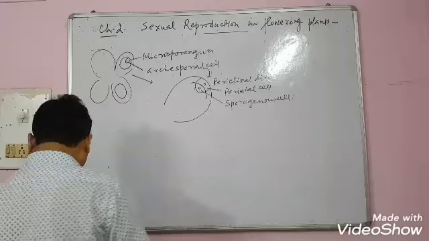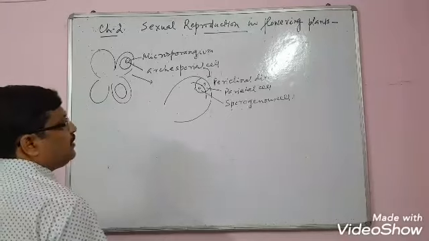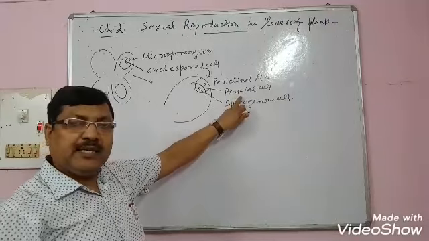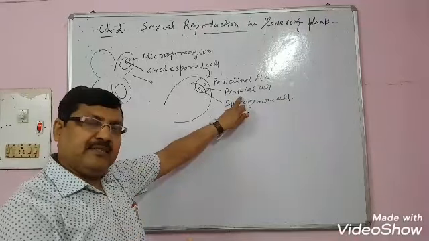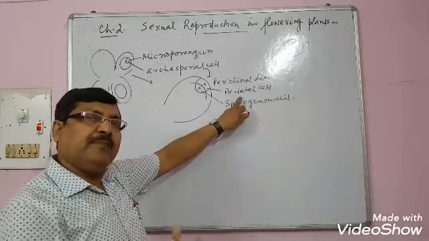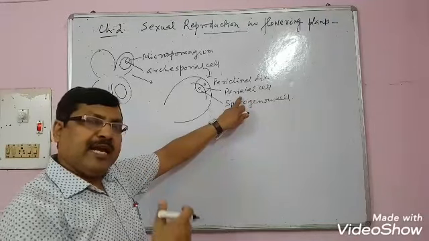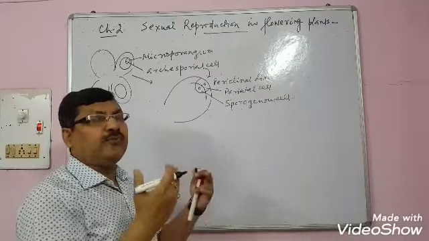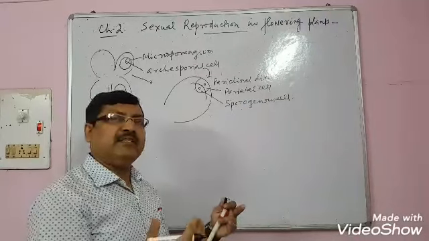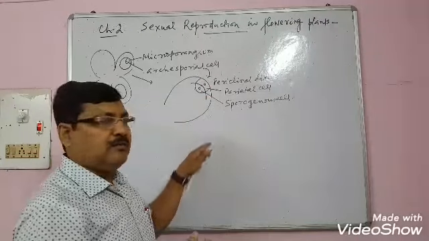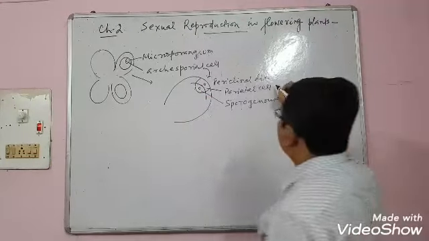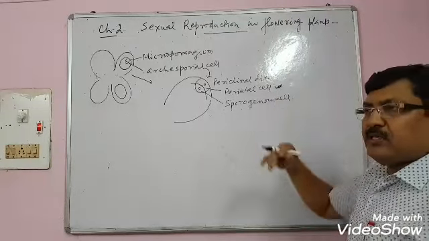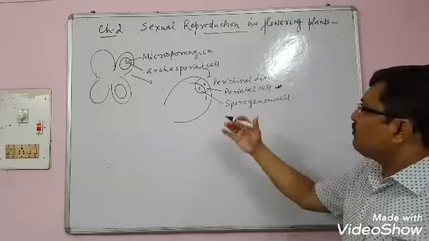Now this parietal cell will divide and redivide by the process of periclinal division, forming a semicircular 3 to 4 layers, and sometimes 5 layered anther wall.